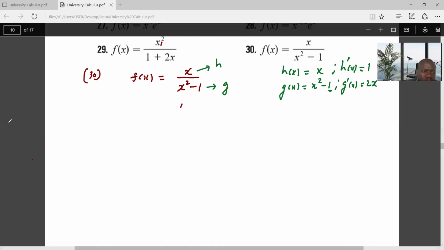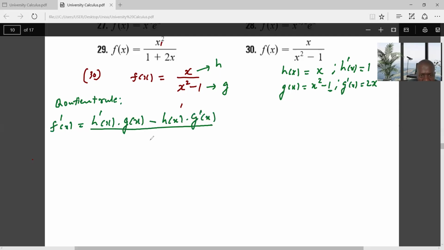So now we're going to use quotient rule because it's a fraction. You see that we cannot simplify here. So quotient rule means we're going to say f prime of x: we differentiate the numerator, we leave the denominator, minus leave the numerator, differentiate the denominator, and everything divided by g of x squared.